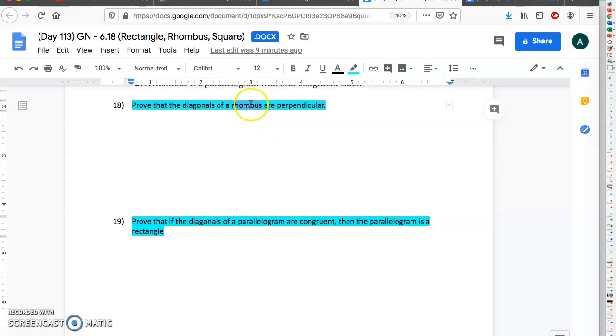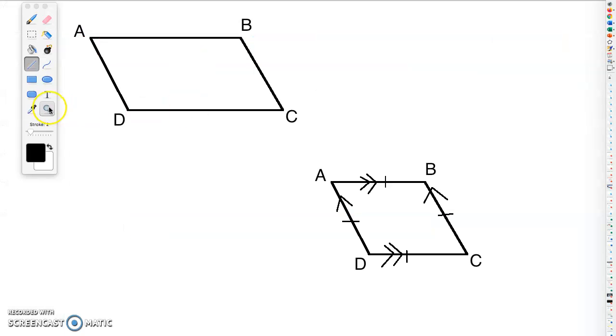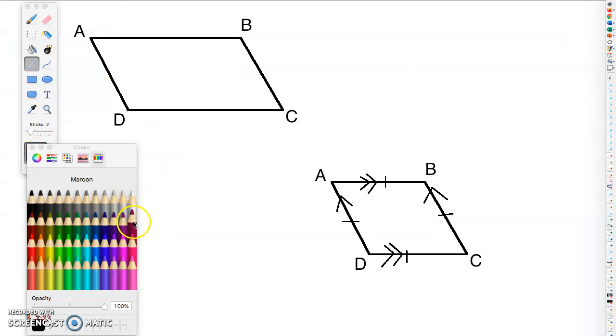So here we're talking about a rhombus, and they're saying to prove that the diagonals are perpendicular to each other. So once again, the diagonals are the things that connect the corners. So in our picture of this rhombus right here, this would be one diagonal.